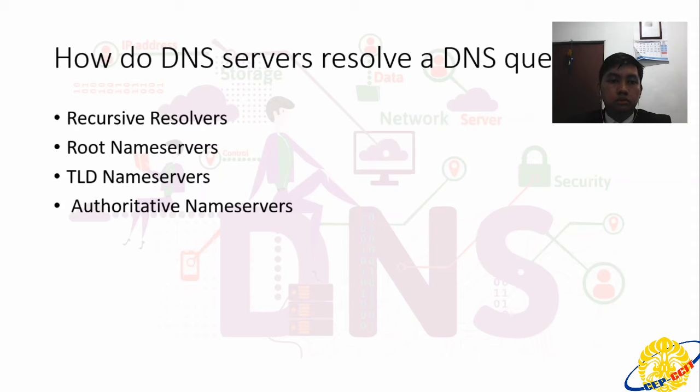How does a DNS server resolve a DNS query? In a typical DNS query without any caching, there are 4 servers that work together to deliver an IP address to the client. First is the recursive resolver, second the root name server, third the TLD name server, and the last is the authoritative name server.